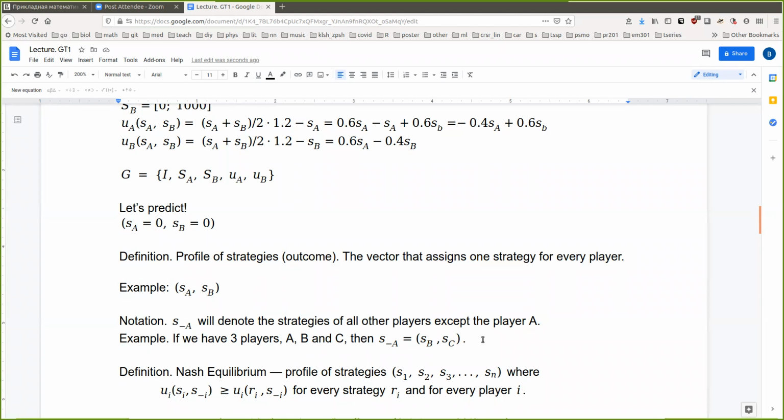It's just a notation to denote the set of strategies. S minus B is just the strategy of the first player and the strategy of the third player. Just a compact notation.